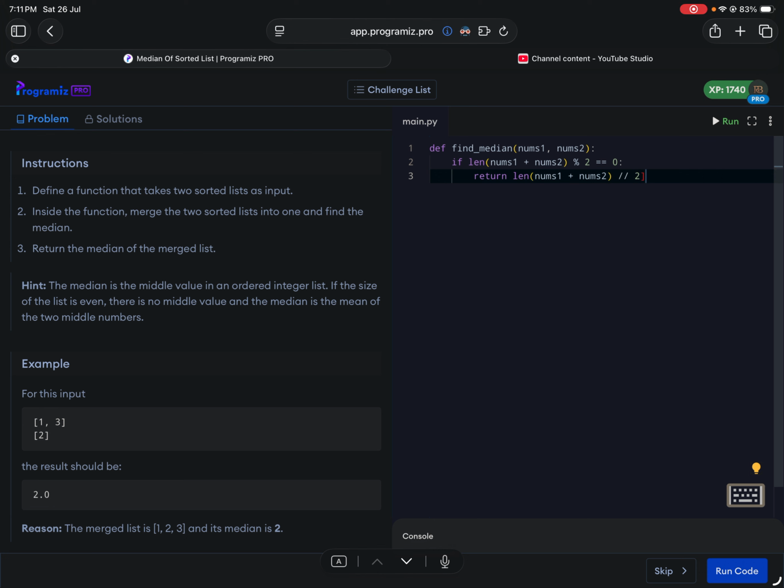Then we will need the list. We will have to create a lst equals nums 1 plus nums 2.